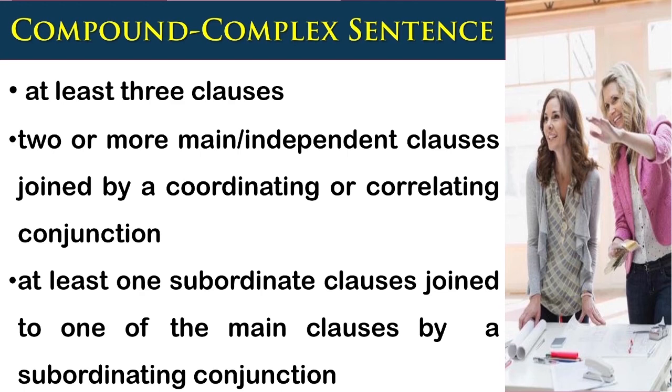Let's see some descriptions of a compound complex sentence. It contains at least three clauses, two or more independent clauses joined by a coordinating or a correlating conjunction, and at least one subordinate clause joined to one of the main clauses by a subordinating conjunction.